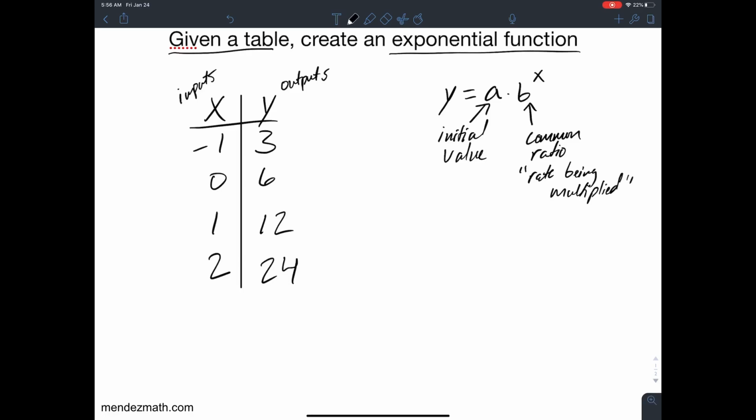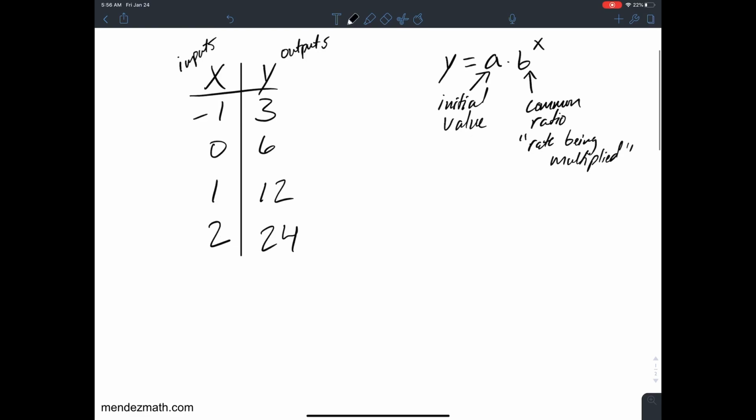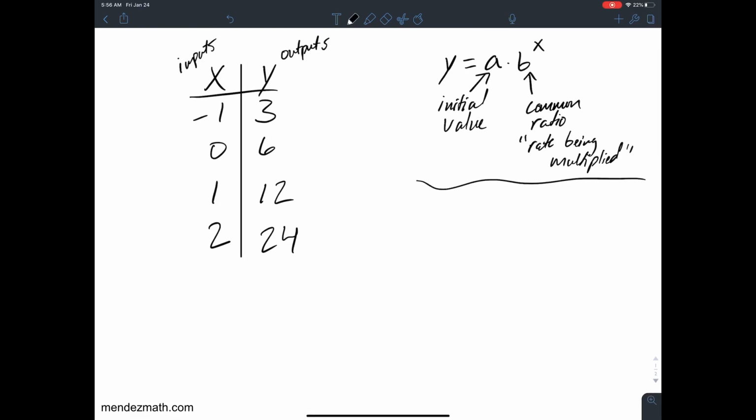All right, so let's go ahead and start building our exponential function. I'm just going to draw a line right here, a different color. So y equals our initial value. So our initial value here, we've got to look at our inputs. We've got to look at 0. Is there anything that the graph starts out with? Yes, it starts at 6.